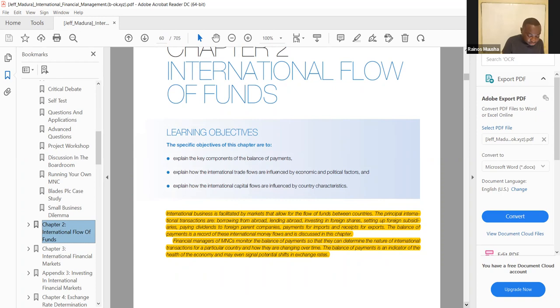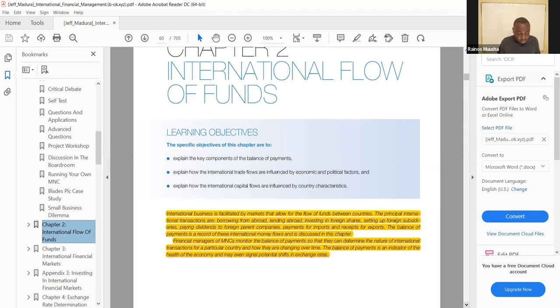The principal international transactions are borrowing from abroad, lending abroad, investing in foreign shares, setting up foreign subsidiaries, paying dividends to foreign parent companies, payments for imports and receipts of exports. The balance of payments is a record of these international money flows and is discussed in this chapter.